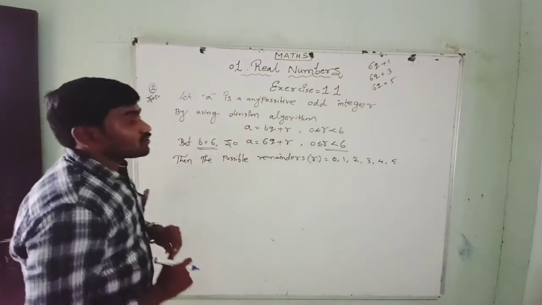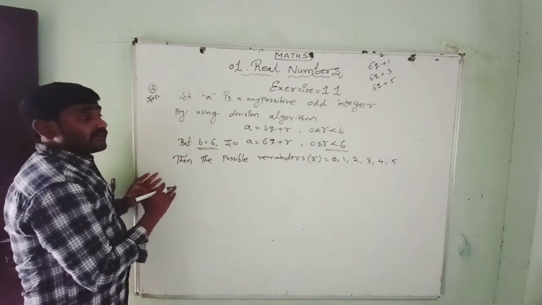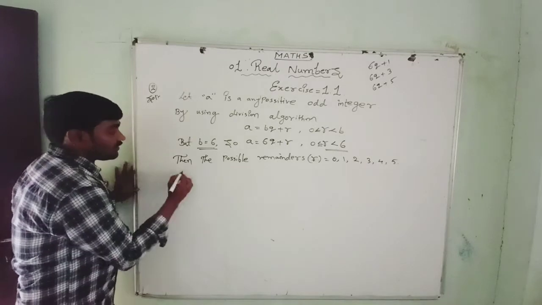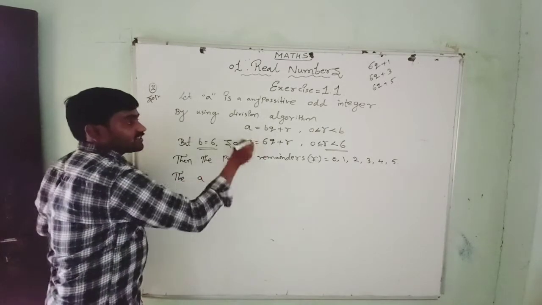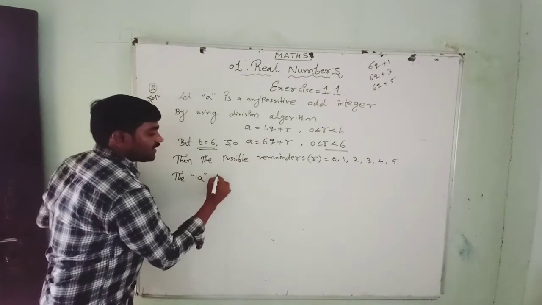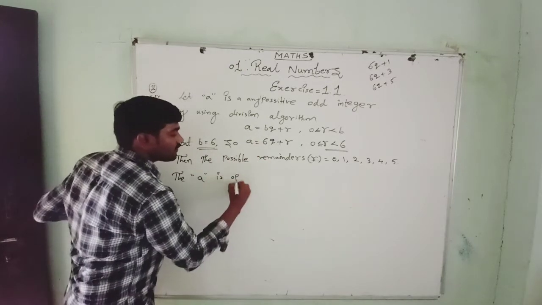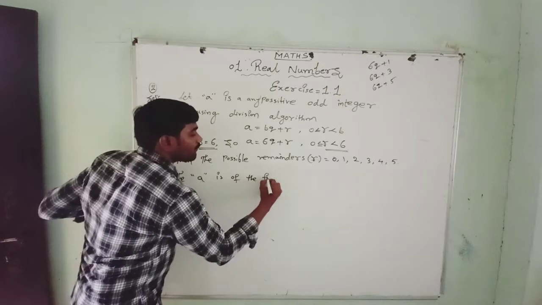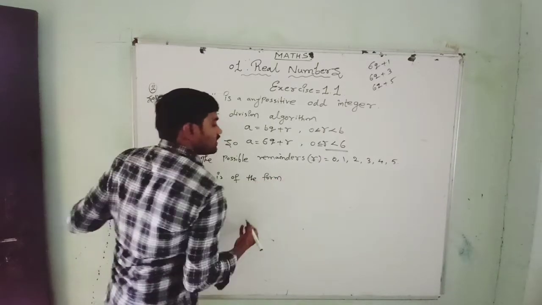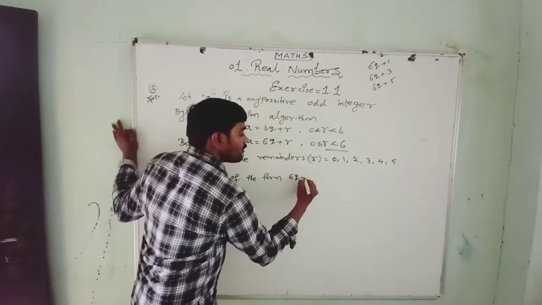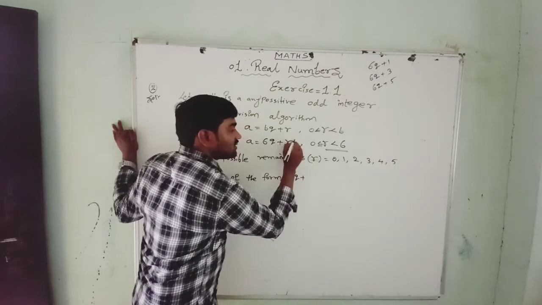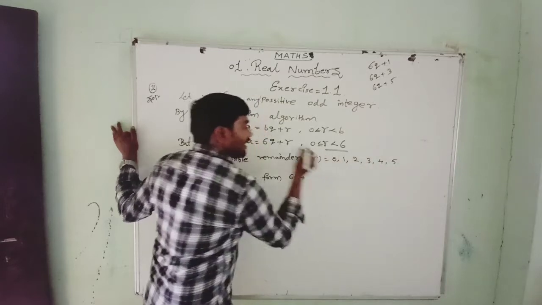So a can be in the form of 6q plus the r value. We know that these are the r values.